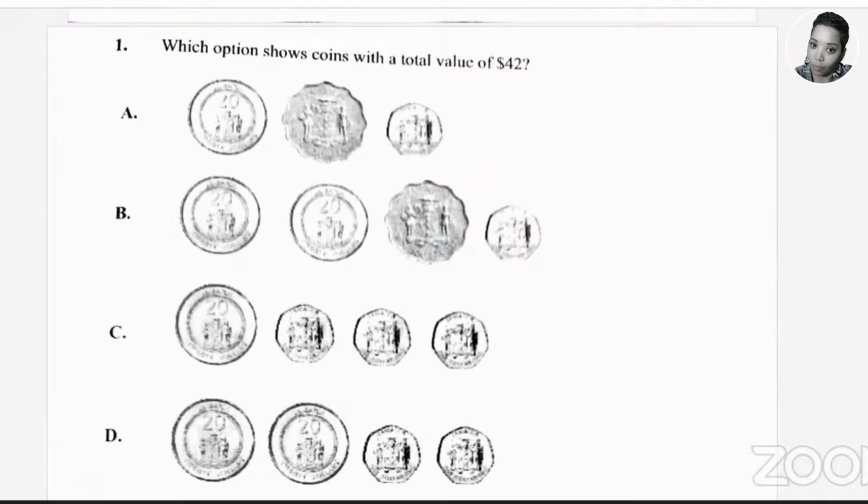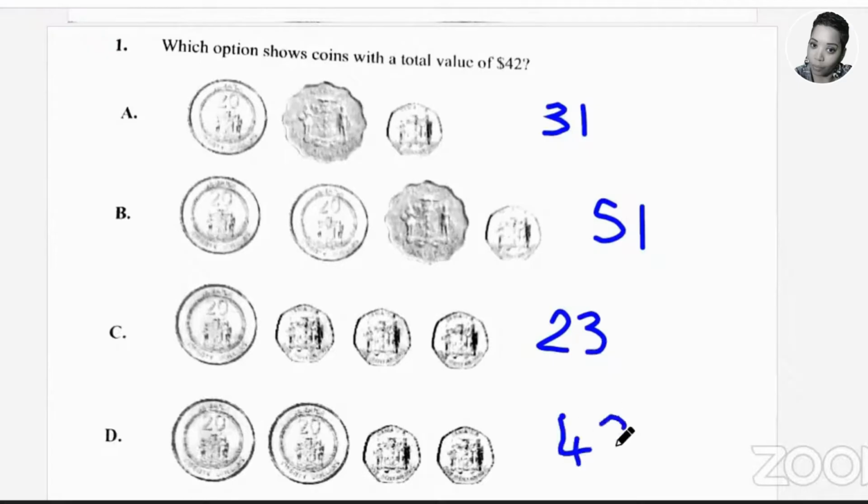So let's look at option A, 20 plus 10 plus 1 would be 31, okay? 20 plus 20 plus 10 plus 1, that's 51. 20 plus 3 $1 coins, that would be 23. And option D, 20 plus 20, that's 40, plus 2 $1 coins, that's 42. So the correct answer is D.